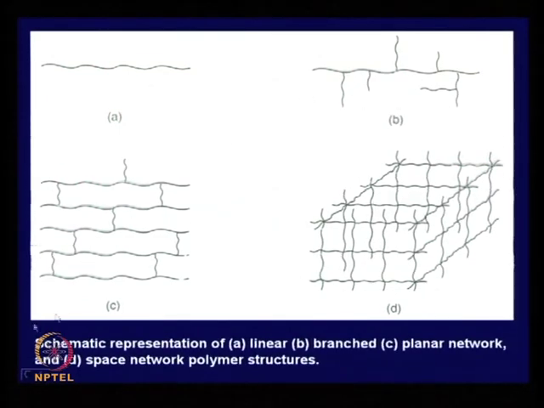And what is the molecular weight of this cross-linked, 3-dimensional network system? Who can say what would be the molecular weight of this 3-dimensional space network polymer system? Is there anybody to answer?